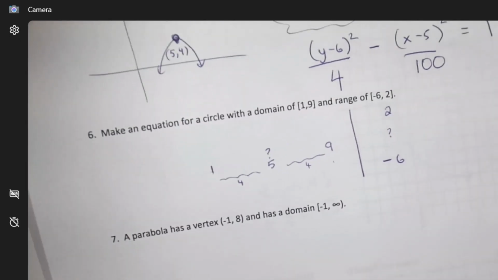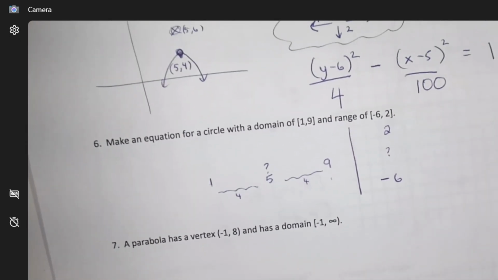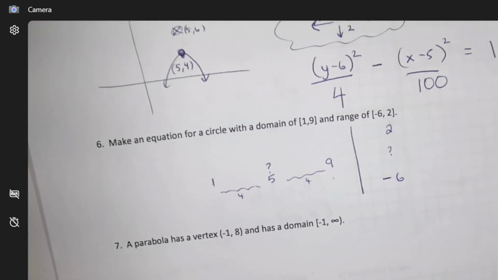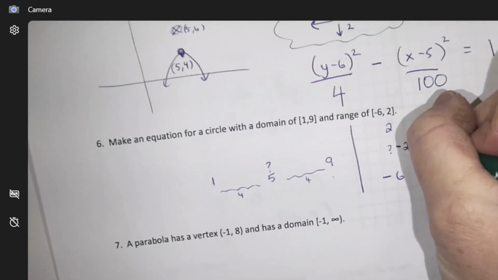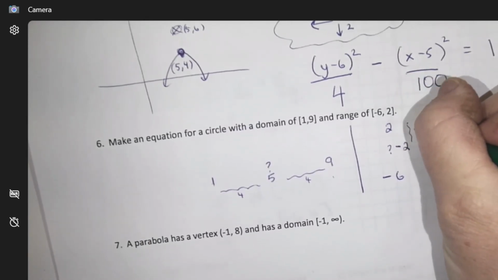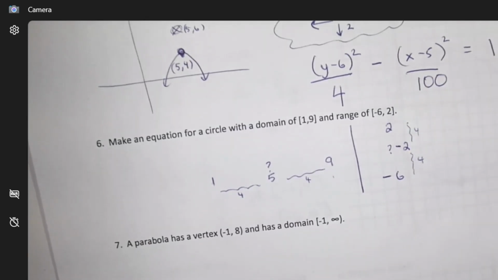Okay, then I go from -6 to 2. So what's in the middle of that? Did you pick -2? Which also means I'm heading up and down by 4, which is good because this is a circle.